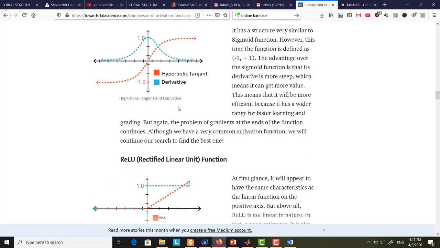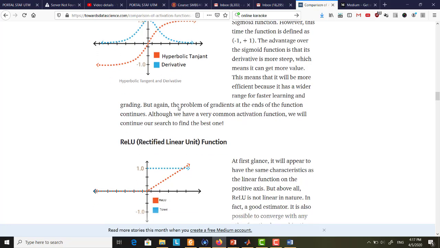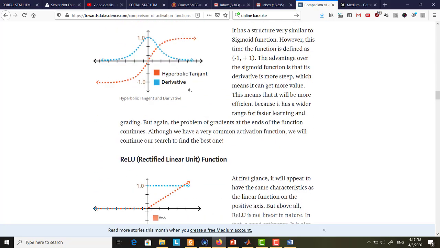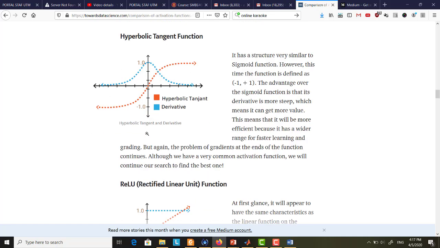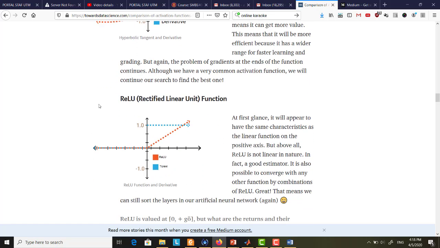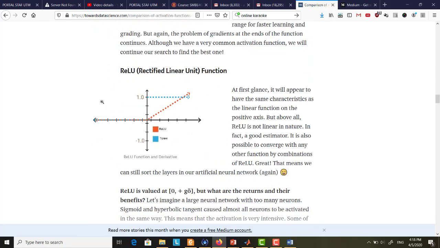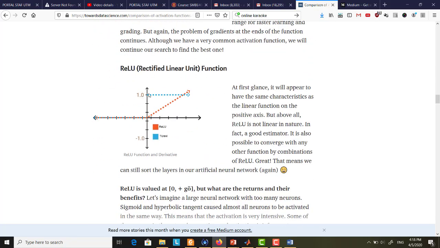Okay, and after that they tried to improve this further, and the most recent activation function is called ReLU, the rectifier linear unit function.